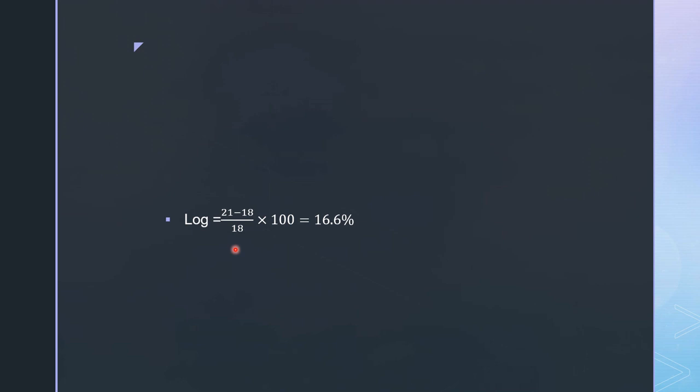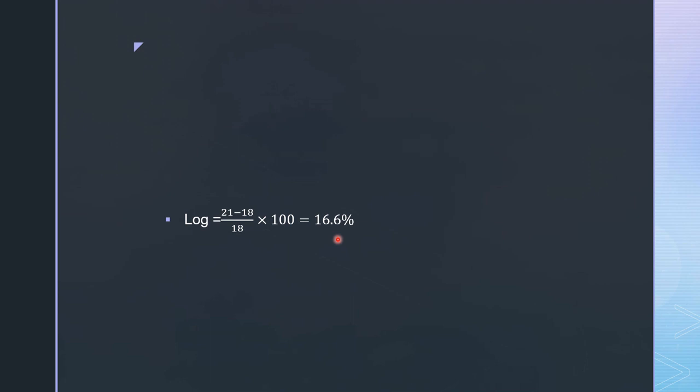Okay, so firstly we have to determine in which period the difference is maximum. Then we have to calculate in this period, considering the previous year, the percentage calculation. The percentage calculation rule is 21 minus 18 divided by 18 into 100, final value minus initial value divided by initial value, so we get 16.6%.